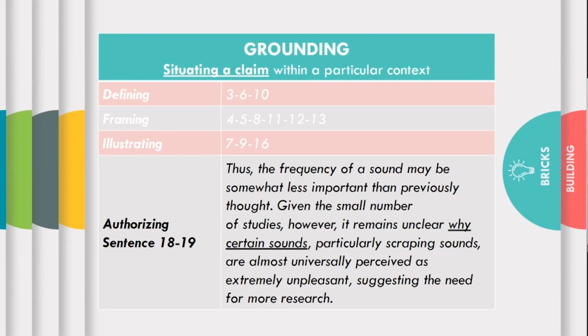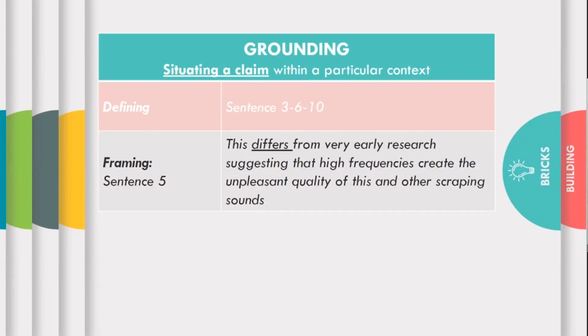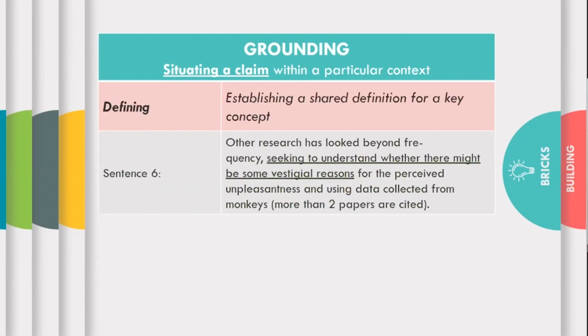In which part of the article do you suggest using this? Or does it have to be in every part of the article? These two sentences? The grounding. In the whole synthesis, we start with grounding, because, as I just showed you, establishing a shared definition for a key concept, that's the definition of defining.